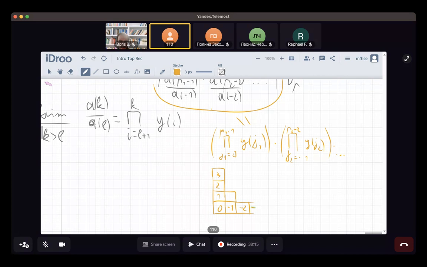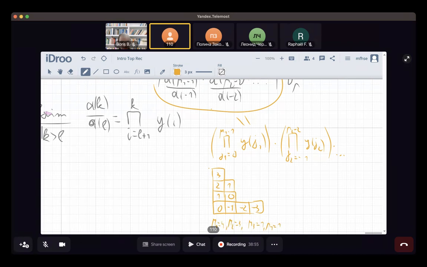You can see that our mu i's are the heights of the columns. So here I have mu1 equals 4, mu2 equals 3, mu3 equals 1, mu4 equals 1, in this picture.